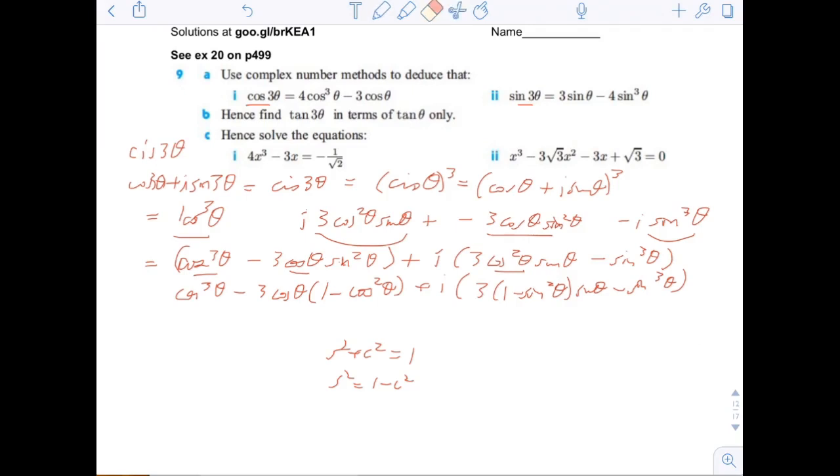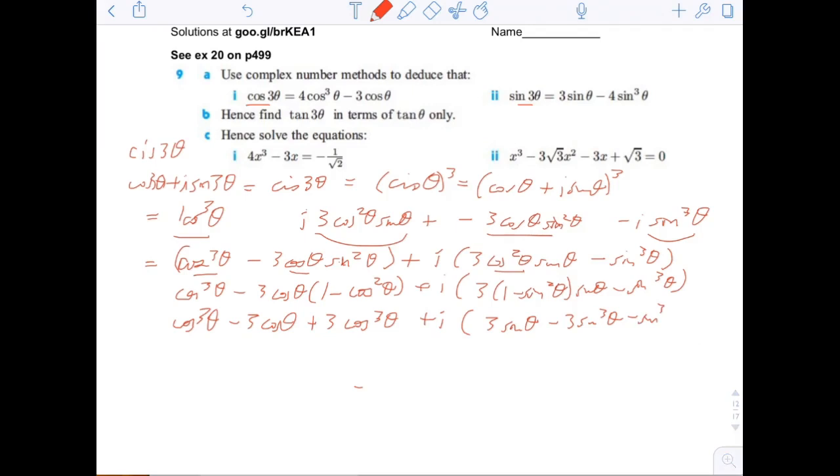Okay, and then let's expand and then combine like terms. So we got minus 3 cosine theta plus 3 cosine cubed theta, and this is cosine cubed theta, plus i times 3 sine theta minus 3 sine cubed theta minus sine cubed theta.